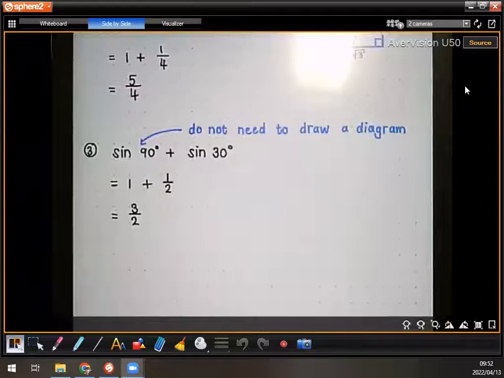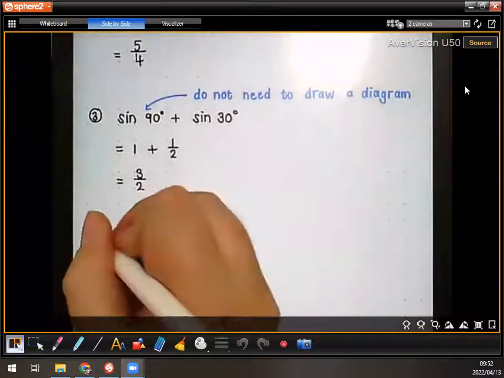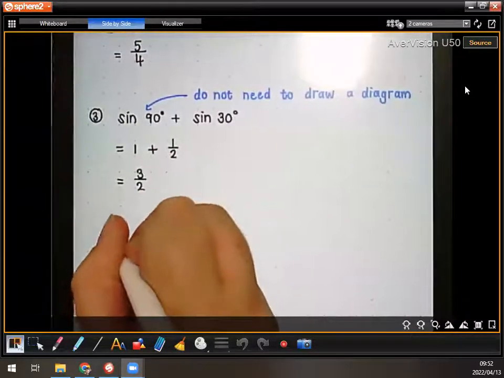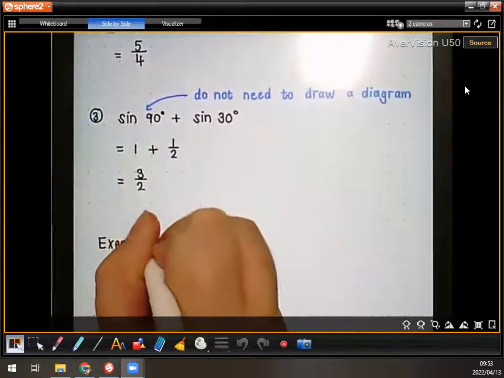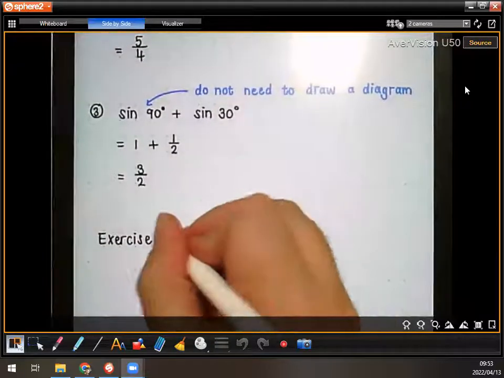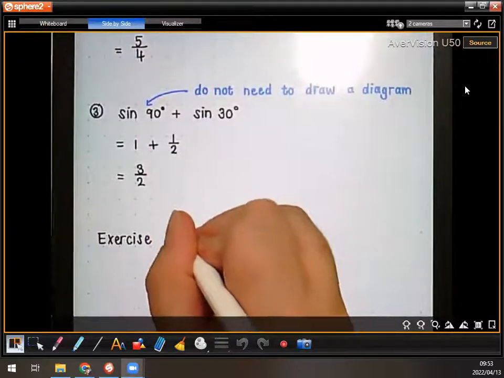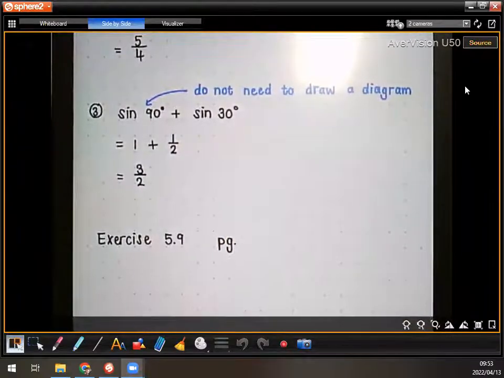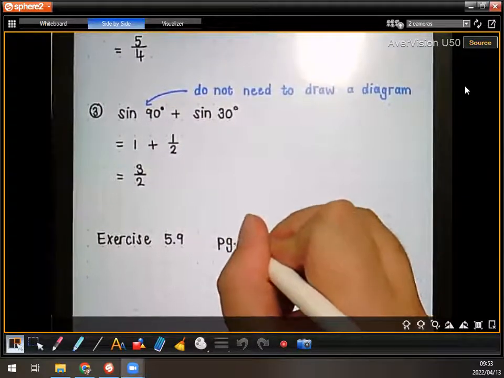With diagrams for 45 and 30 and 60, you only have to draw them once. If one of the questions is based on a diagram you've already drawn, you don't have to draw it again.